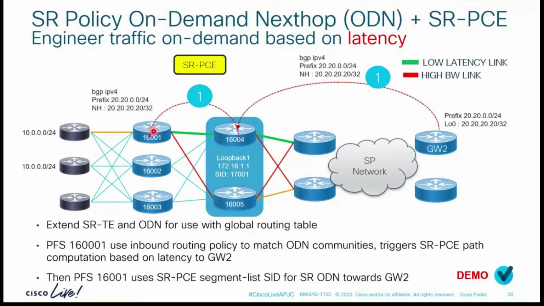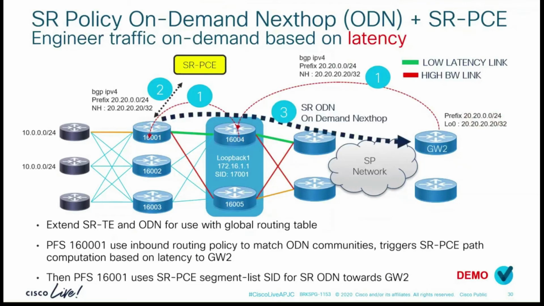In this case, for any traffic towards the subscriber prefix from this internet gateway, this internet gateway will establish the SR policy automatically, leveraging the SR-PCE information, and then establish the automatic on-demand SR policy low latency path to this customer prefix.